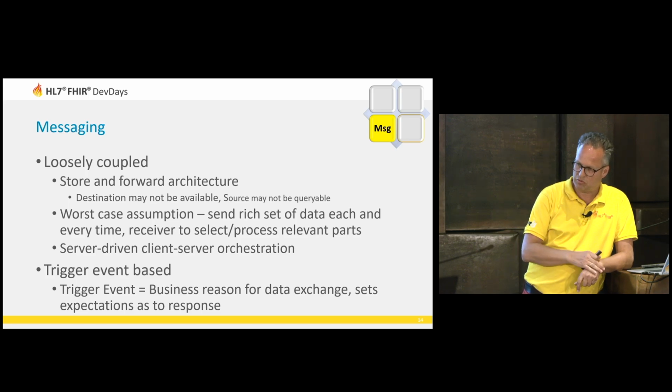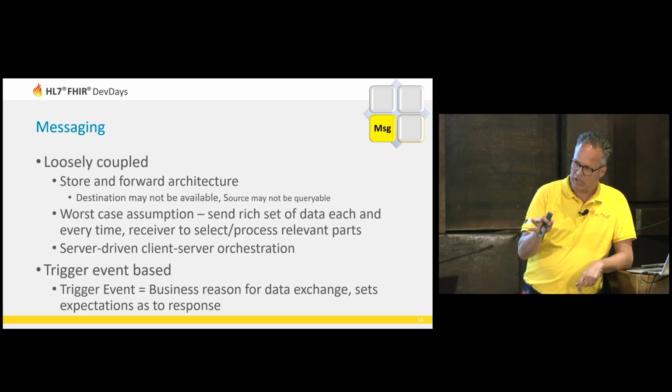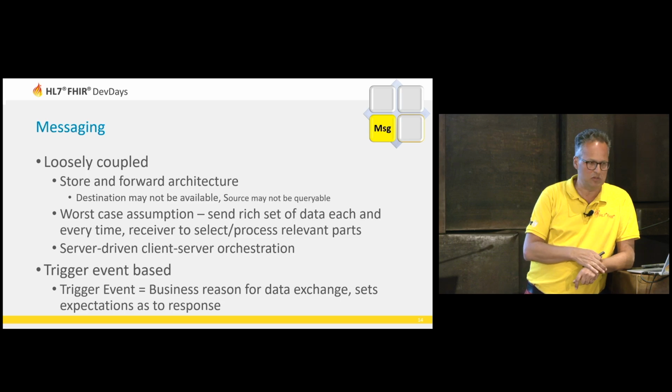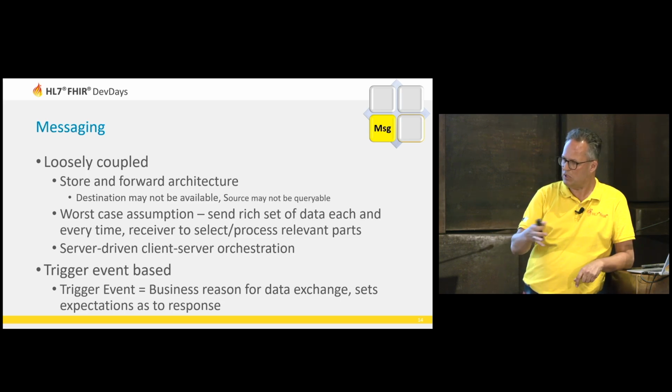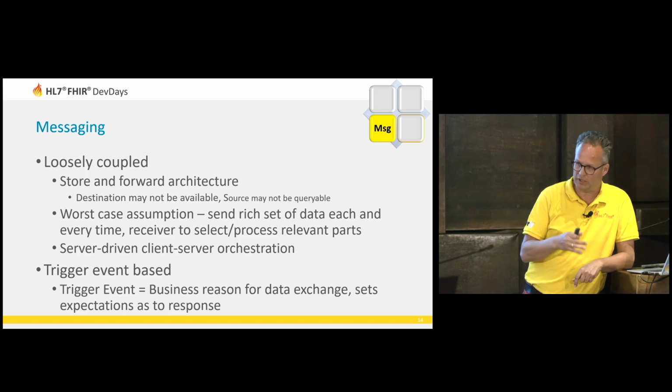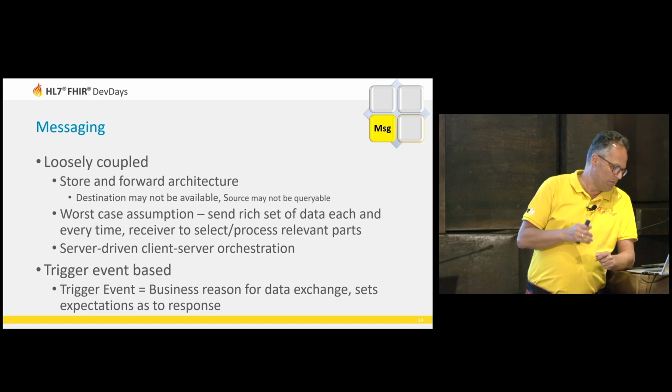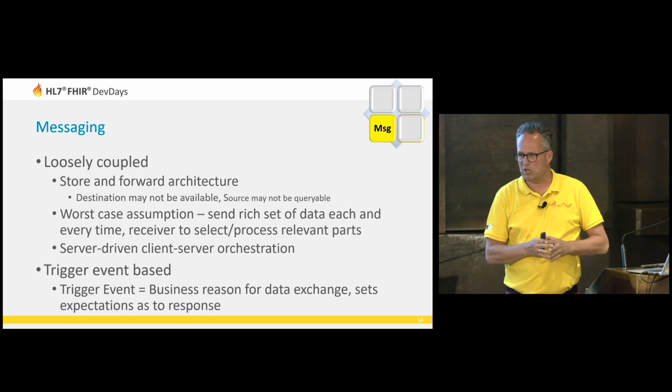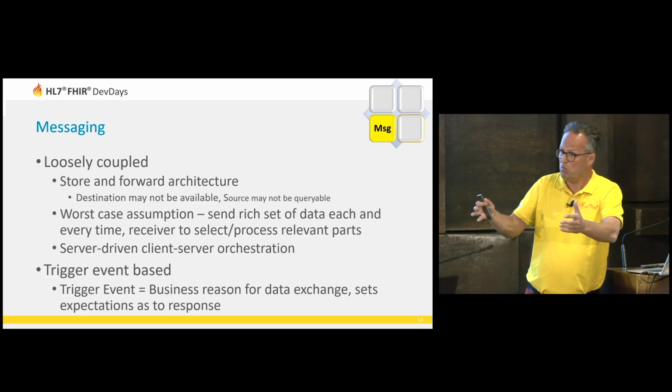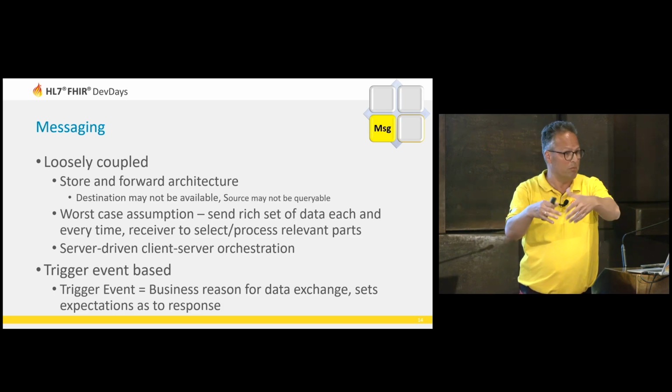So that's documents. In messaging, the oldest of our exchange mechanisms dates back from the 1950s. That's a while ago by now, right? And messaging is basically relatively pessimistic. I do not assume when I send a message to you, a bundle of information, that you have ever heard from me before.